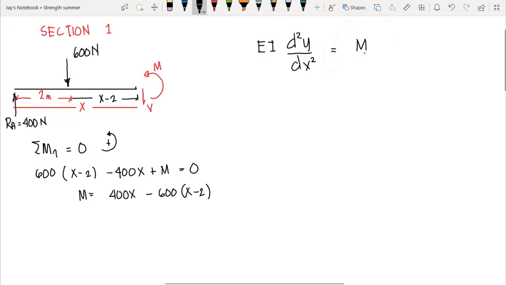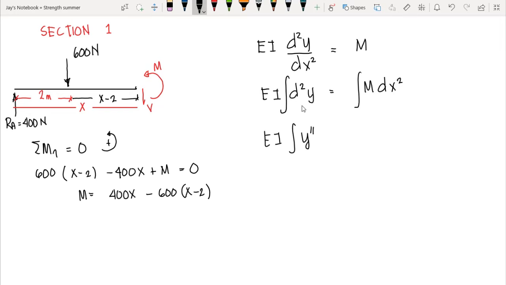So EI times the second derivative of y is equal to M. Let's have the first integration of this function. Take note, this d squared y over dx squared is the same as y double prime. Our moment equation here is 400x minus 600 times (x minus 2). Then we substitute the value of our moment into the integration, since this is a function of x.